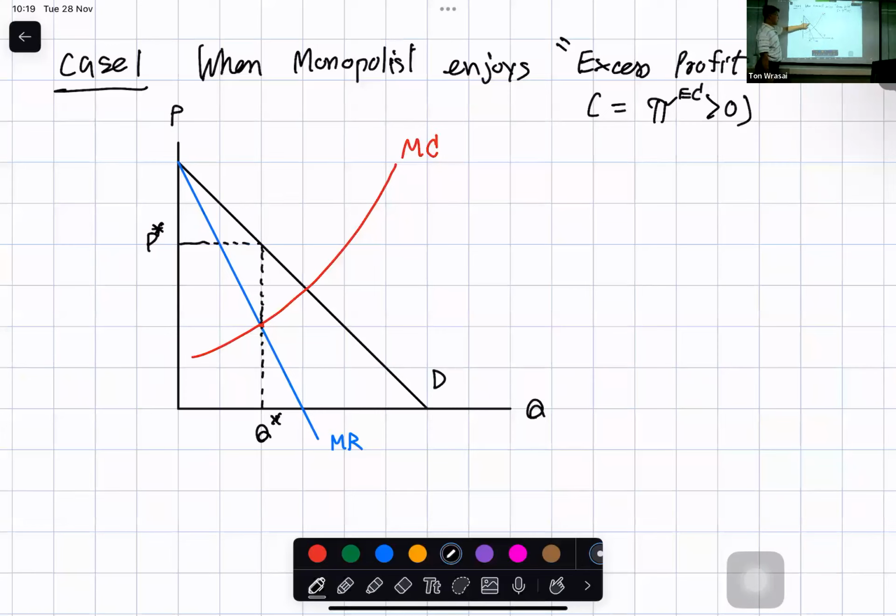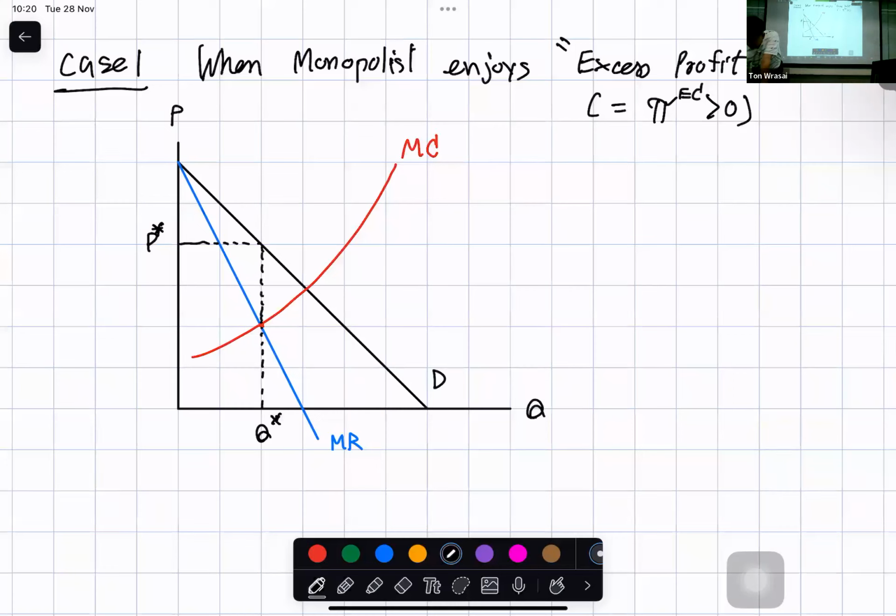Read from the demand curve. He will charge P star to the consumers. And in this case, we want to show the situation where the monopolist receives positive profit. Price is here. This height.